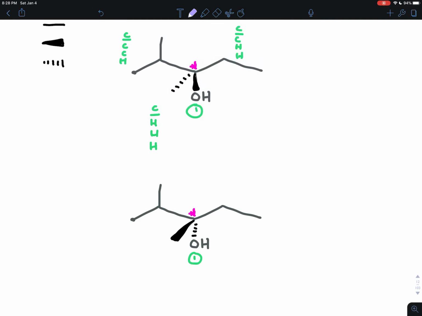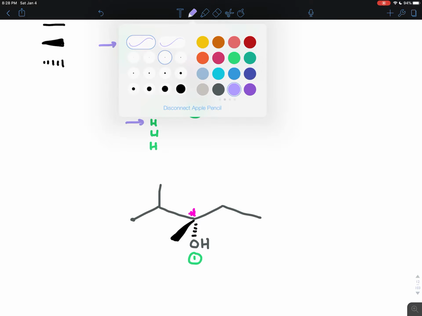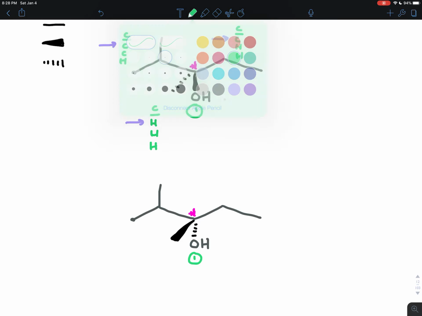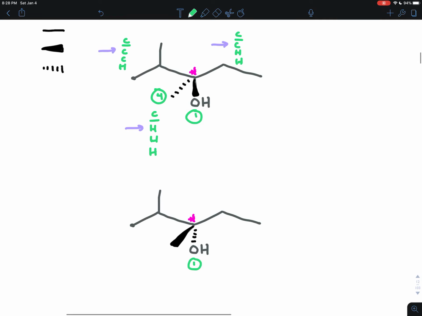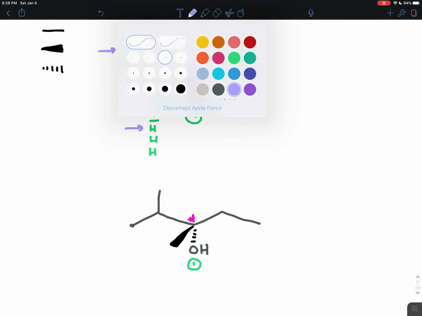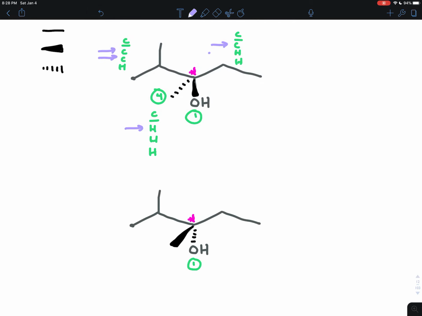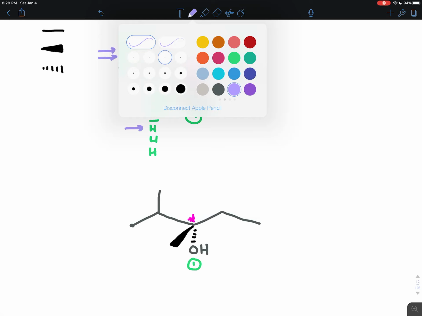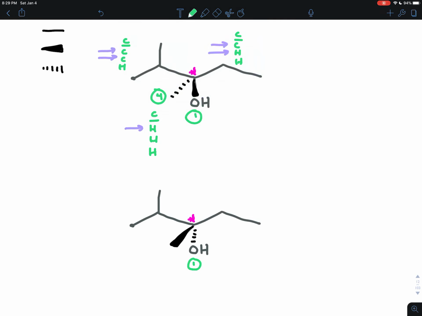And when we compare those, the top 2 tie. The one going down has the lowest priority, and so that will be 4. Going to the next row, you can see this one wins, the isopropyl group, and so that will have a priority of 2, and this other one will have a priority of 3.